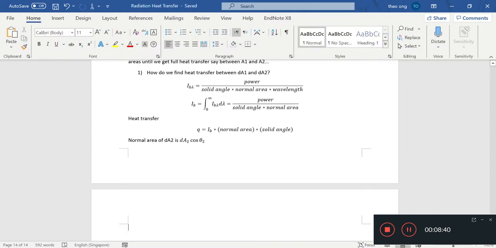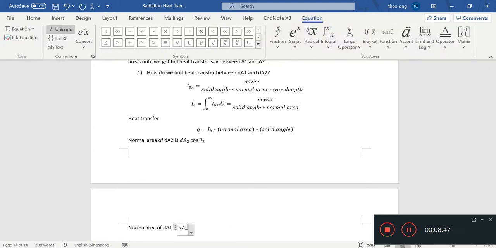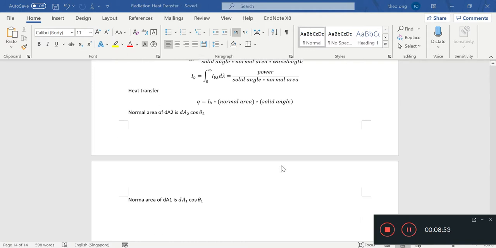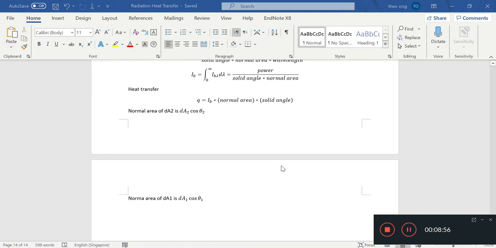And likewise, the normal area of dA1 is dA1 cosine theta 1. So we have the normal areas of both of these.